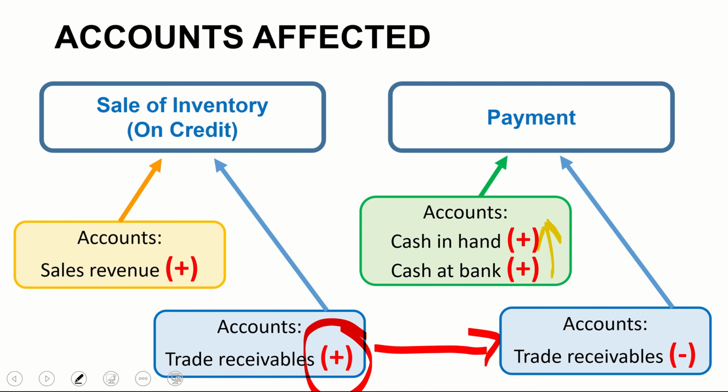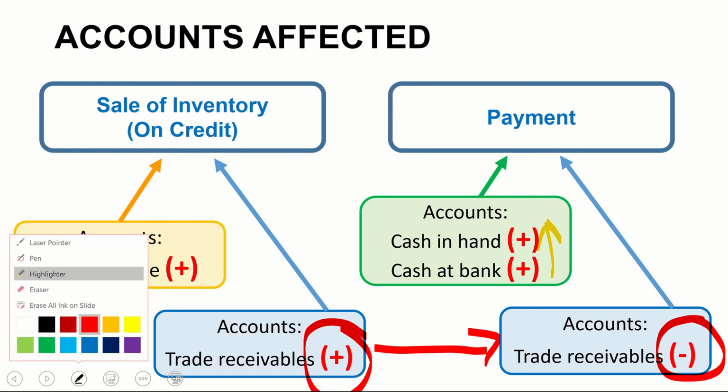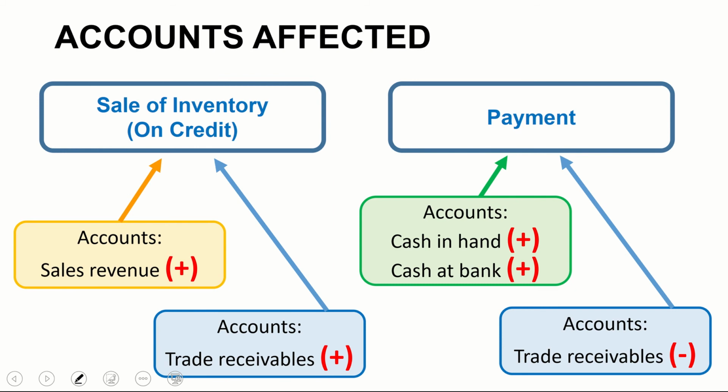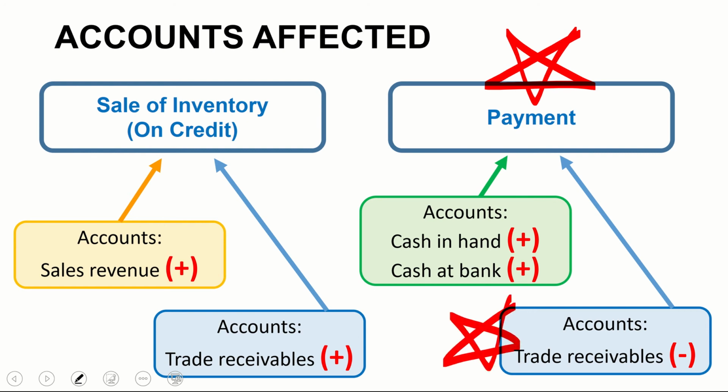So this trade receivable plus, you cannot record it anymore. You should record trade receivables minus, a deduction of the trade receivables. So you reduce your trade receivables and say, customer, you don't owe me money anymore. Take a look at the accounts here, the star accounts. The key point: trade receivables went down.